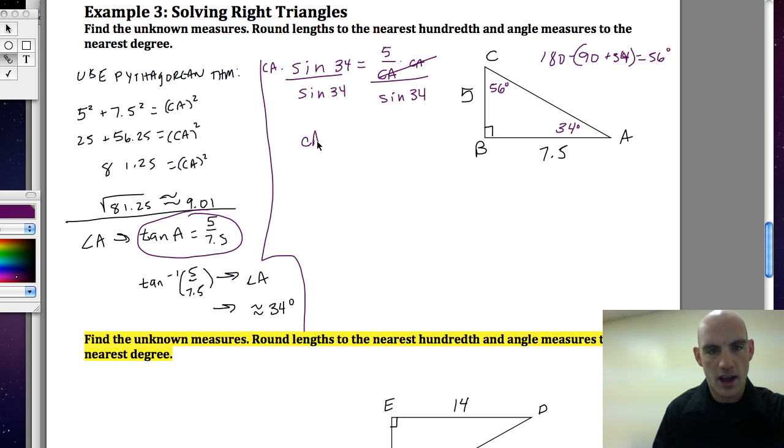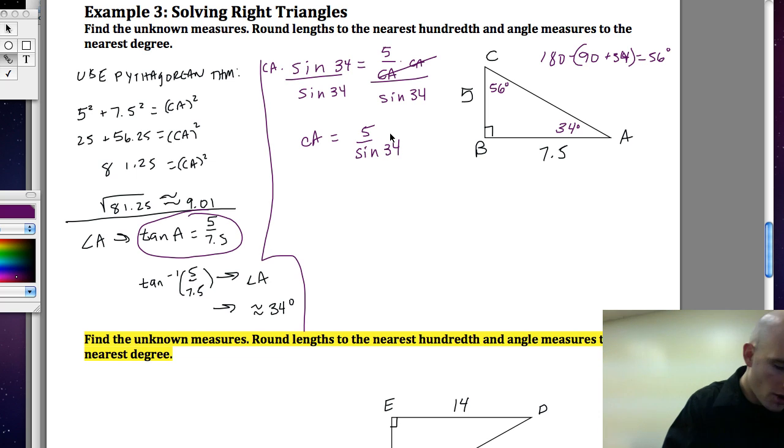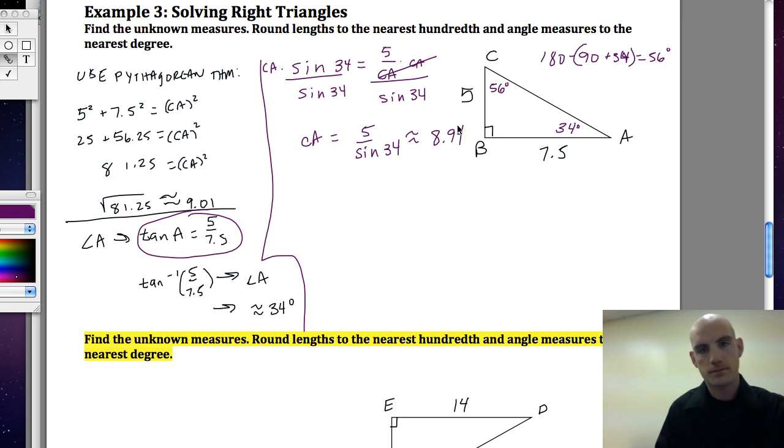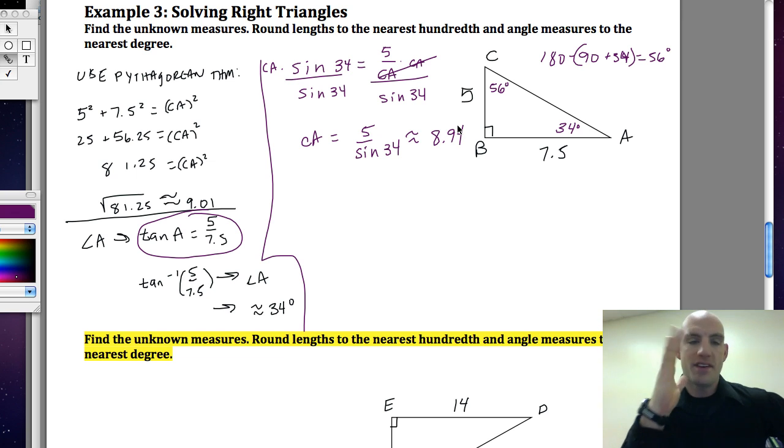And we have CA is equal to 5 divided by sine of 34. When I put that into my calculator, I get 8.94. Why the difference?